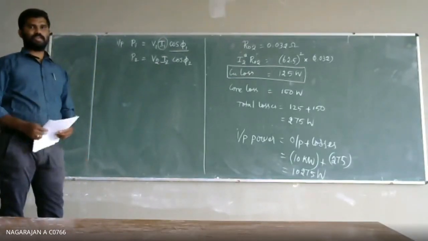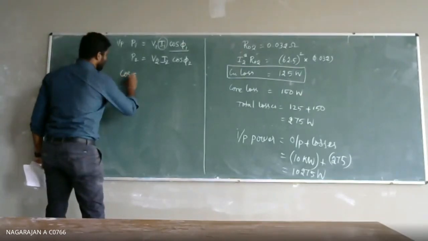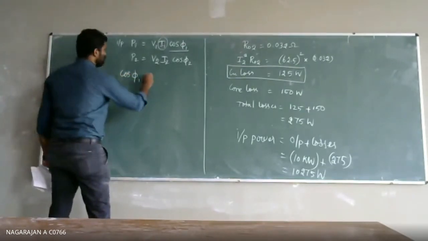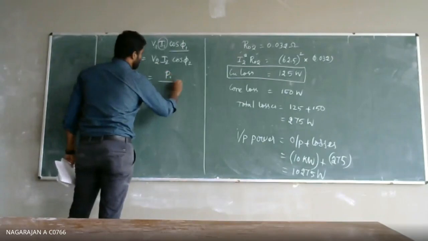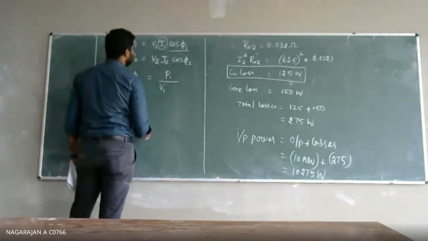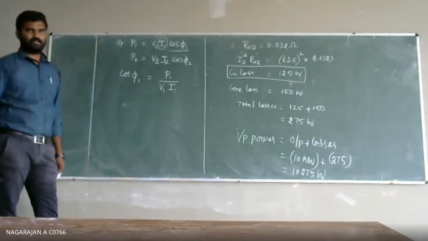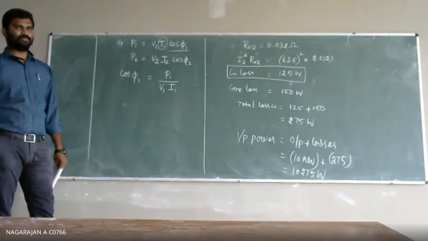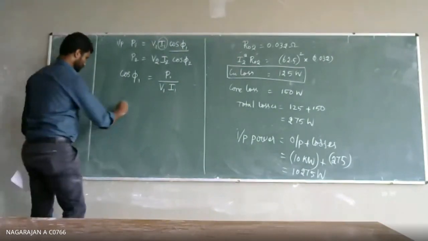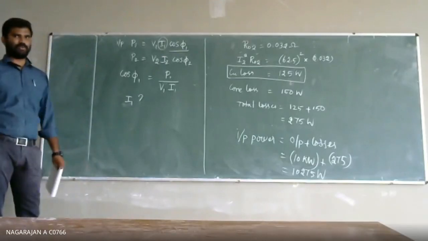So cos phi 1 is equal to P1 divided by V1 I1. So how to find out I1 value? That is the question.